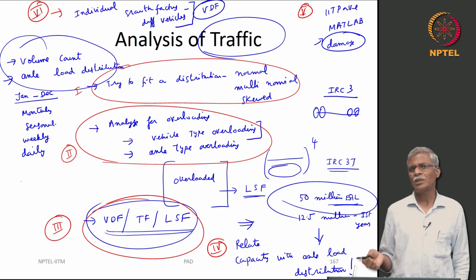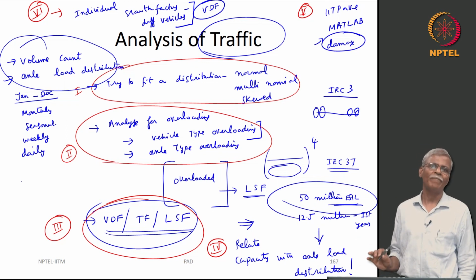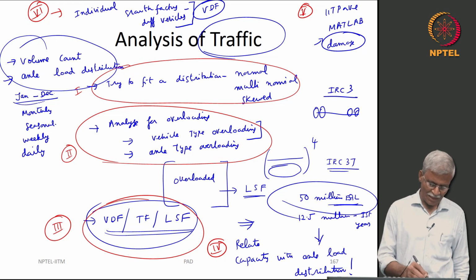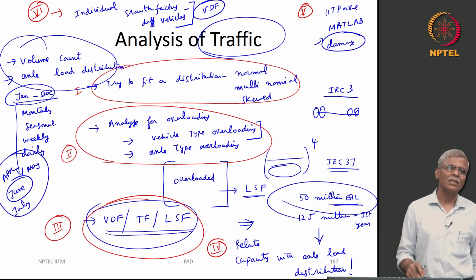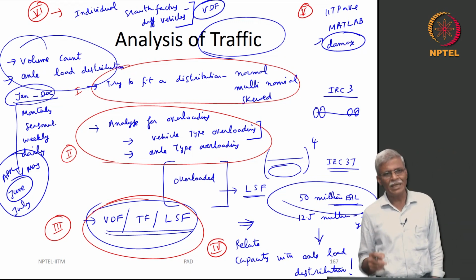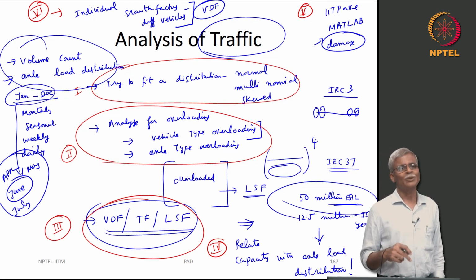There are many more interesting topics that can be done only with the traffic alone. See, for instance, you could relate the summer months, as I said, January to December. Let us say we focus more on months such as April, May, June, July. You can say that these are the months in which the temperature in this country is going to be considerably high, the pavement temperature is going to be high, and the failure due to rutting is going to be high.